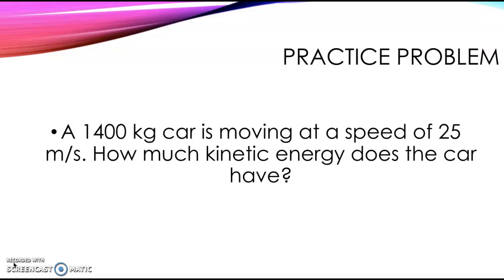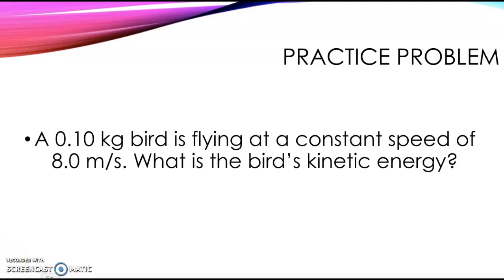So your answer for this problem should be 437,500 joules. All right, our next practice problem: a 0.1-kilogram bird is flying at a constant speed of 8 meters per second. What is the bird's kinetic energy?